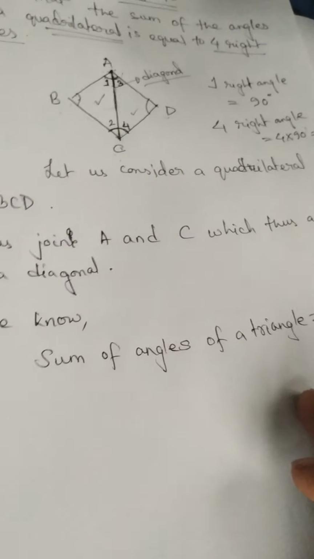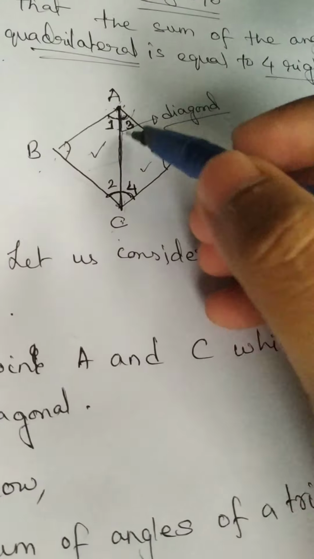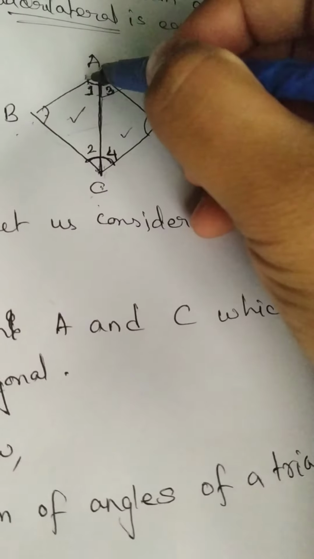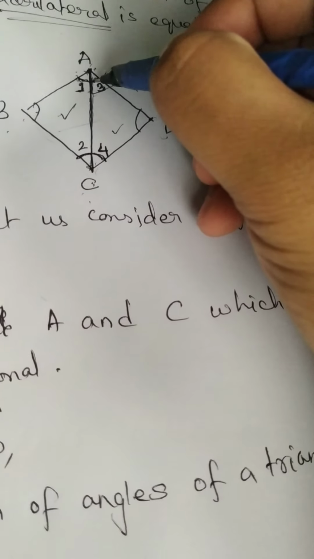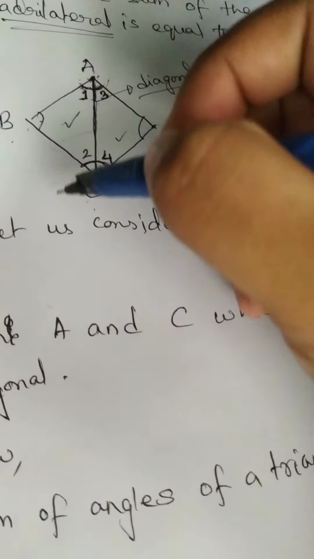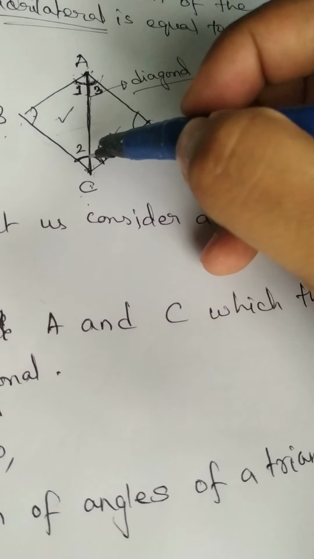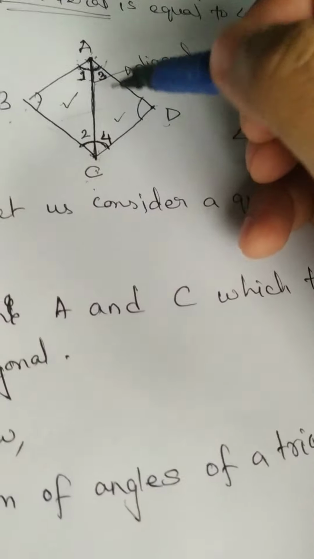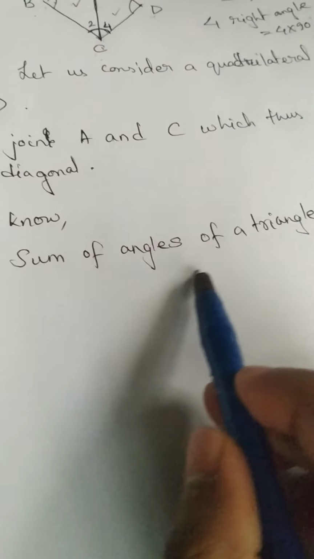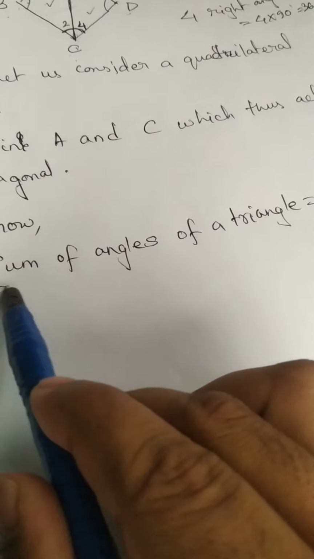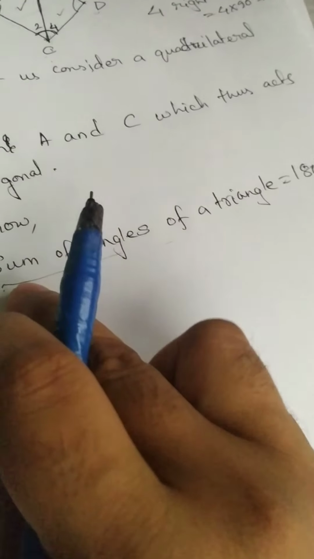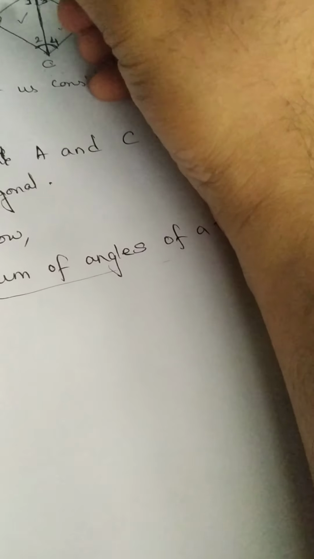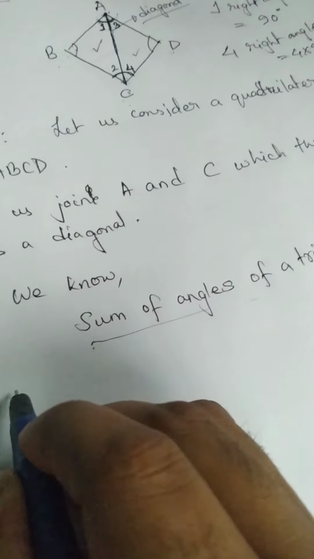Okay, so now we have named the angles: this particular angle is 1 and this particular angle is 3, and this particular angle is 2 and this particular angle is 4. Now from this concept, we know that the sum of angles of a triangle is 180 degrees. So let us consider triangle ABC.